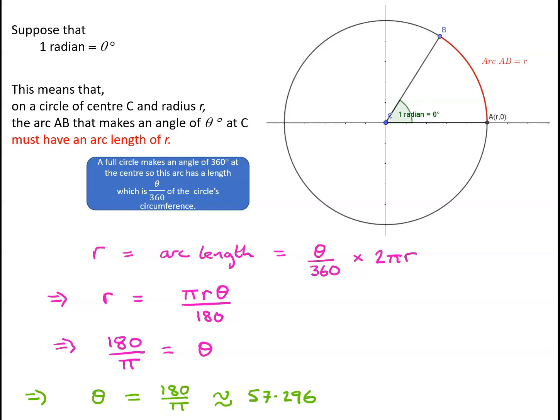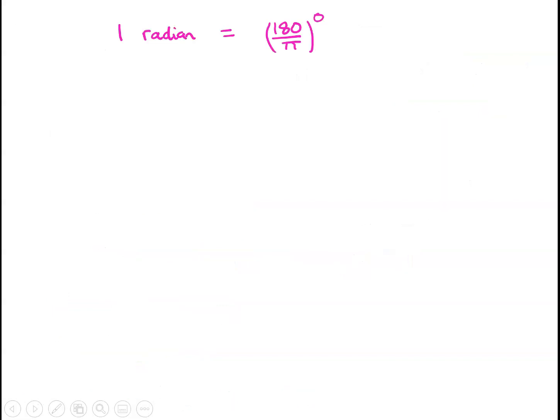So we've found out that 1 radian is exactly the same as 180 divided by pi degrees, or 1 radian is approximately 57.296 degrees.